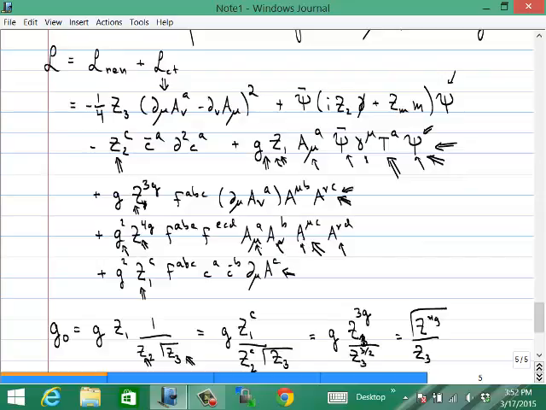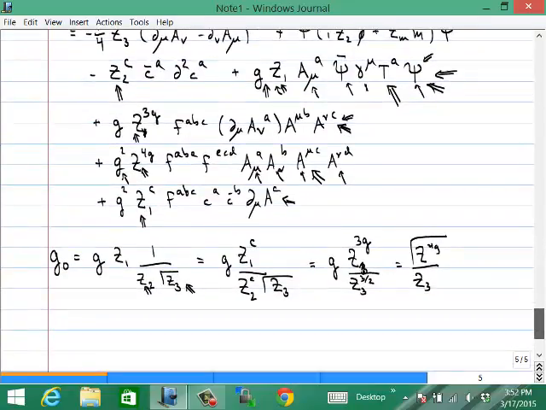Okay, so we know that if gauge invariance is preserved, these various wave function renormalizations must be equal.